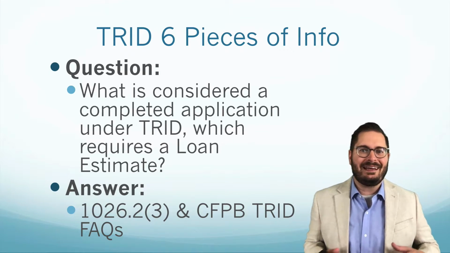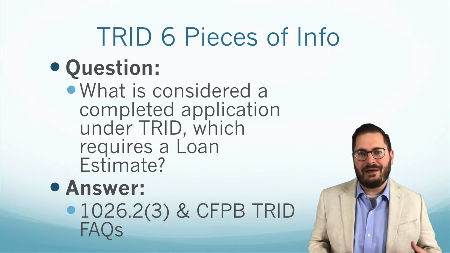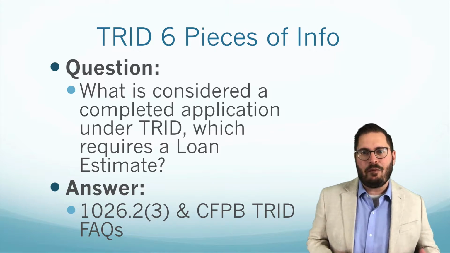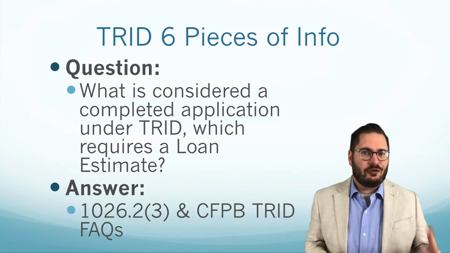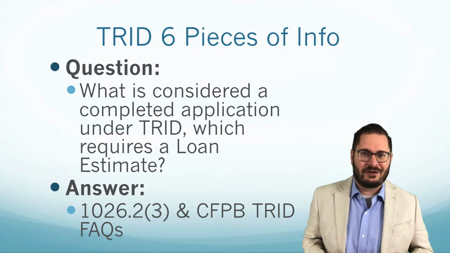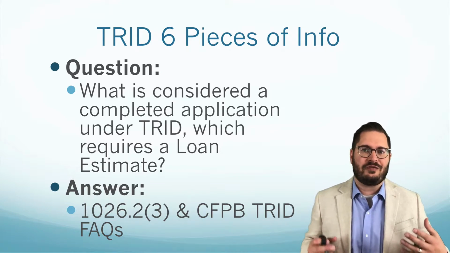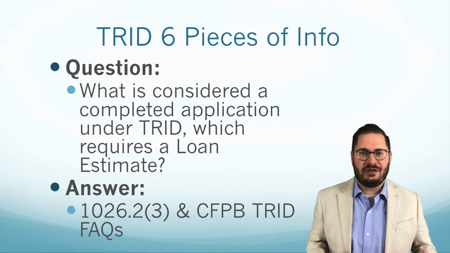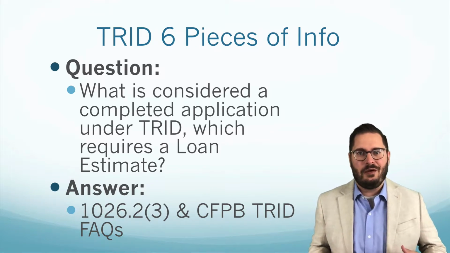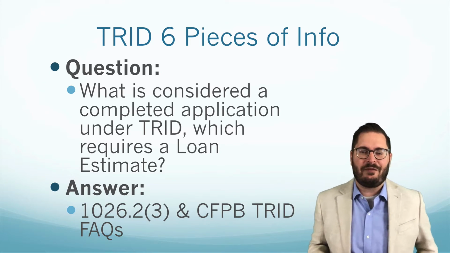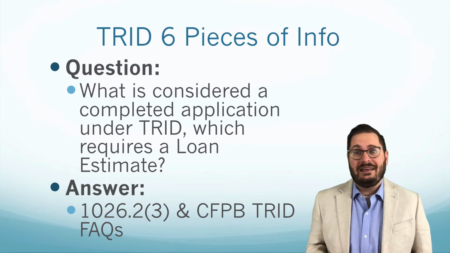So what was happening is they were receiving applications that had the 6 pieces of information on it, but they were waiting to pull credit until the time that was convenient to them, pulled credit, and then started the clock in order to issue the loan estimate. And as you know, once you've received an application under TRID, you only have 3 days to provide that loan estimate. So let's talk about those 6 pieces of information, because it's not the credit report.